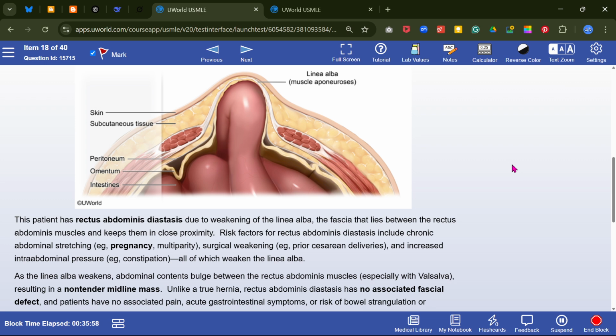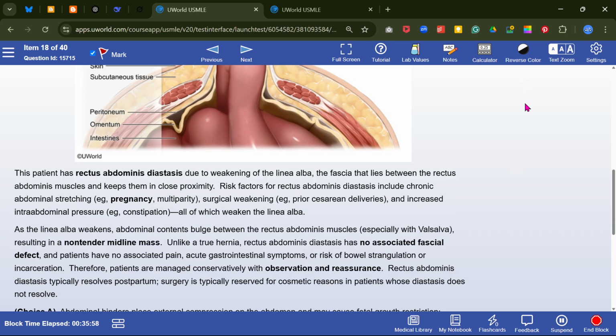As the linea alba weakens, abdominal contents bulge between the rectus abdominis muscles, especially with the Valsalva, resulting in a non-tender midline mass. Unlike a true hernia, rectus abdominis diastasis has no associated fascial defect, and patients have no associated pain, acute GI symptoms, or risk of bowel strangulation or incarceration.